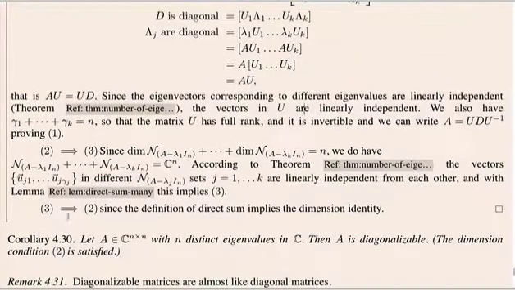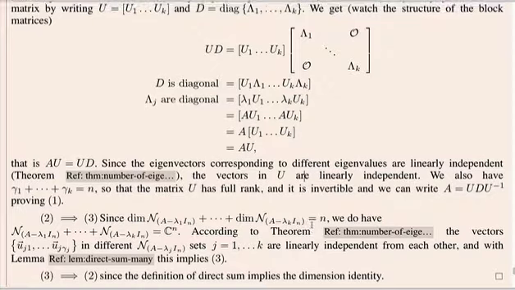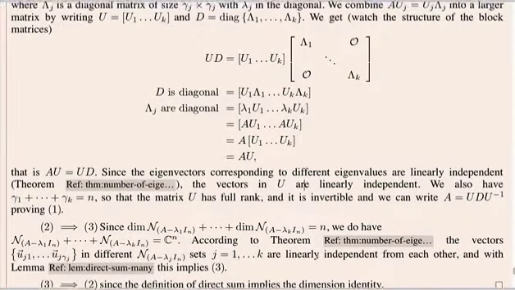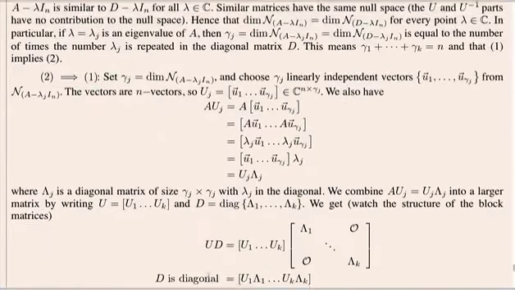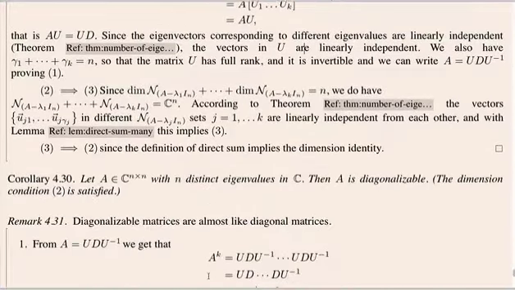And then 3 implies 2, because the definition of the direct sum implies that the dimensions sum up to n. That was actually part of the definition of the direct sum. So we have this theorem proven.